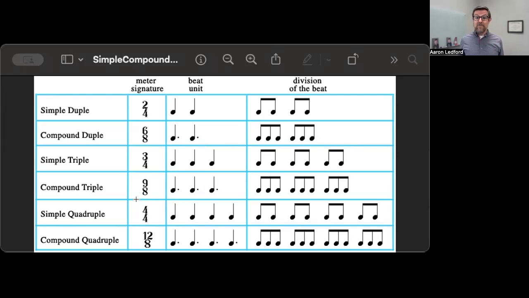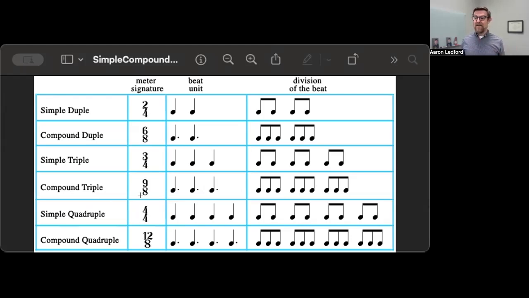Next up is compound triple. That's 9/8 time signature. So there are still three beats, but they're represented by these dotted quarter notes: one, two, three. But if we were to break down each one of those beats, it would sound like this: one, two, three, four, five, six, seven, eight, nine. Up next is simple quadruple, or 4/4.